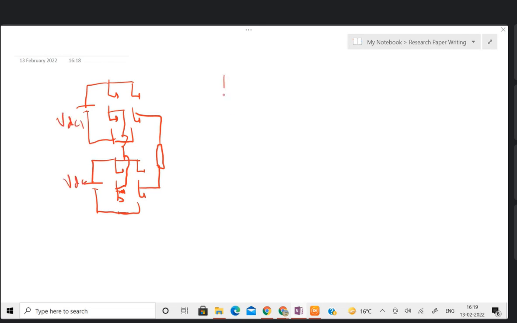Now you have the option to say one of the DC sources is producing this waveform, and the second unit of the CHB is producing, say, a waveform like this. It is possible by controlling the switches.